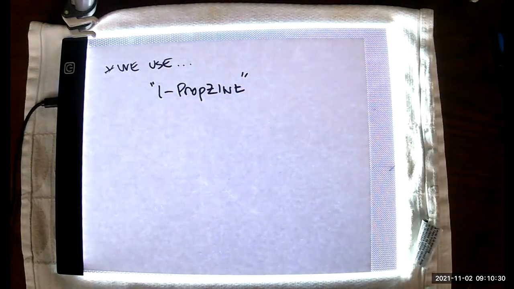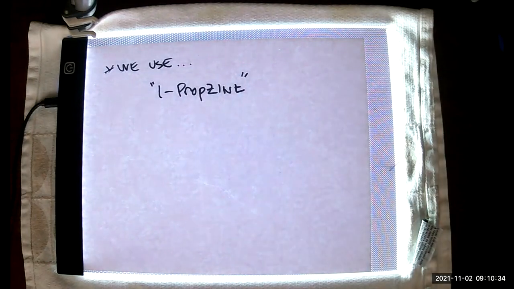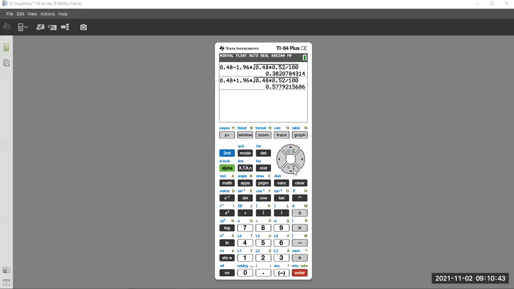That's the tool we use. So let me run through this calculation, share my screen, and then I'll write a couple of things up. Now, these keystrokes work regardless of what version of the TI-84 you have.